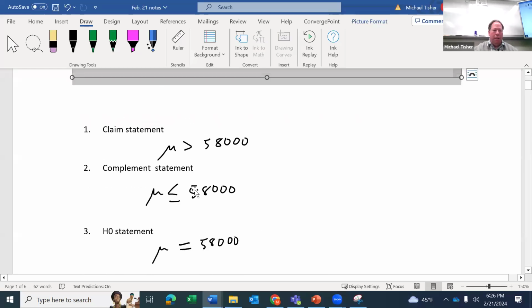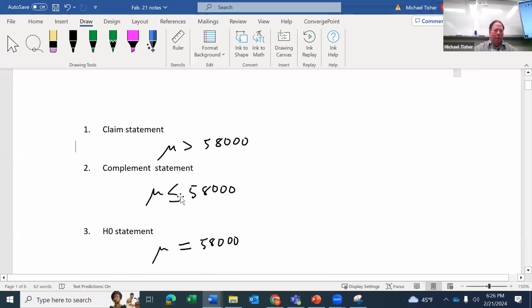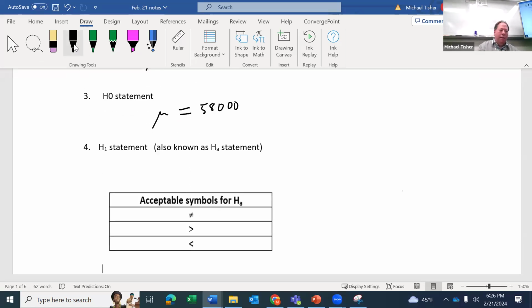So to tell which one it is, we choose from the claim or the complement. So claim has a greater than, right? And the complement has a less than or equal to, okay? So it's either going to be less than or equal to or greater than.